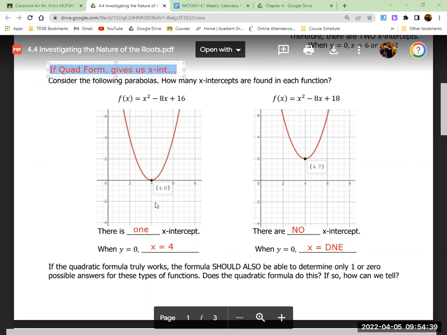Otherwise, it better give us some kind of error for this one, or the quadratic formula is not as good as we thought. The whole point of the quadratic formula is to be able to find the roots when you can't factor it. So let's go. I'm going to do the first graph right here, and hopefully the formula gives me one answer. Then we'll do this function here, and hopefully it will give us 0 answers.